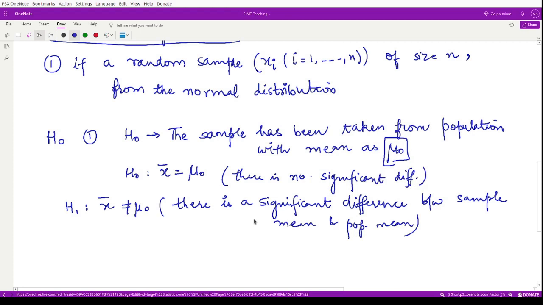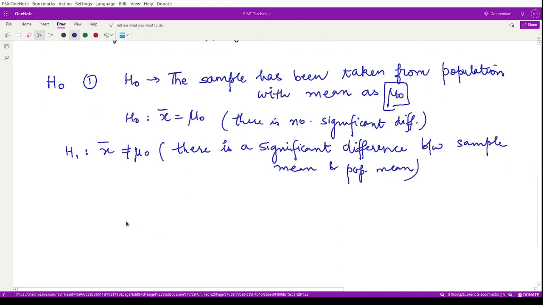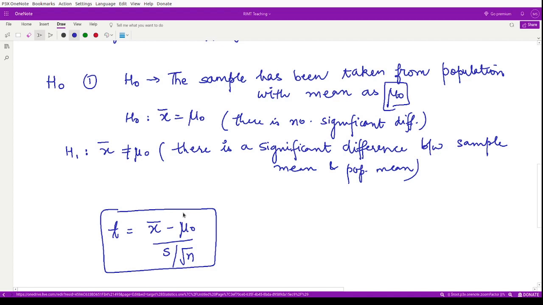So here in this particular case, what would be your t statistic? That is important. So that would be given by x bar minus mu naught divided by s divided by square root n. Again, you may see that this statistic is equal to that of the z statistic.